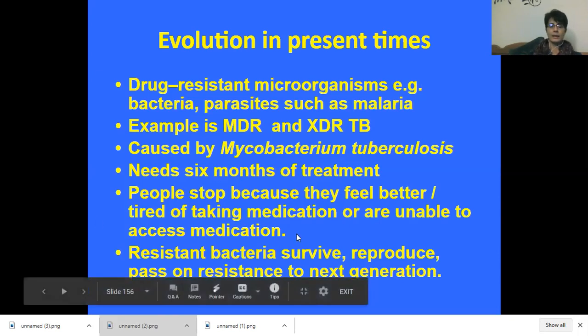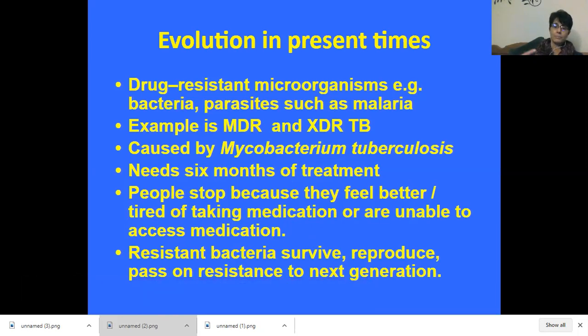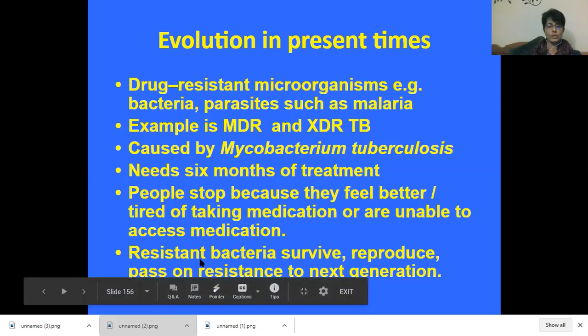With COVID now, maybe they can't get to the clinic to get medication. Hopefully there are trained people or medical workers that go and check that people are taking their medication to try and prevent the spread of bacteria that are resistant to TB.